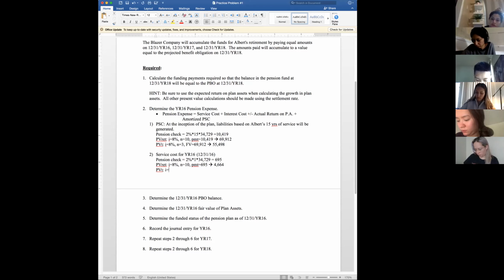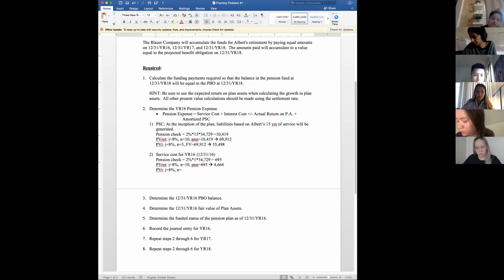And then the interest rate we are discounting at is 8%. Number of periods: retirement is December 31, 18. We are discounting it back to December 31, year 16. So what is the number of periods in that case? Yes, 2.